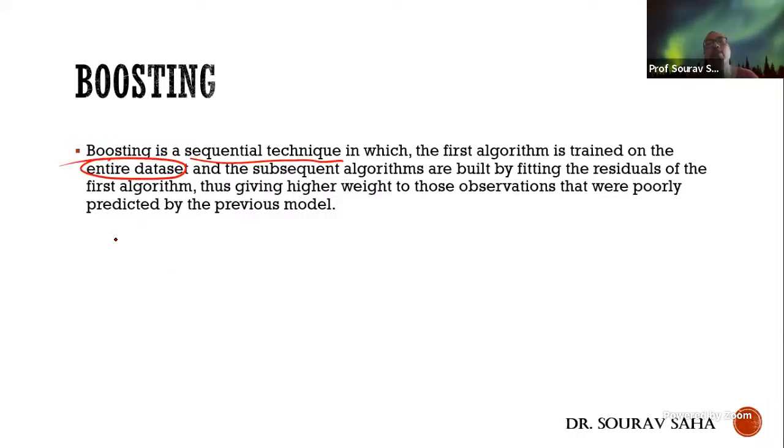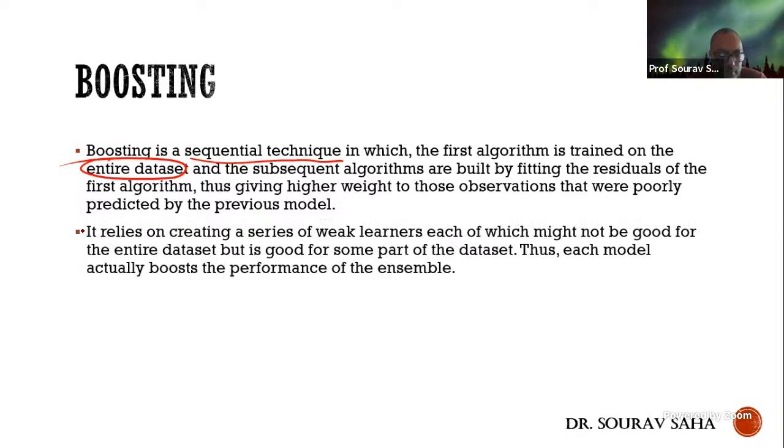And then the subsequent algorithms are built by fitting on the residuals, or basically on whatever is leftover from the first algorithm. Typically, it gives a higher weightage to those observations that were poorly predicted, right?